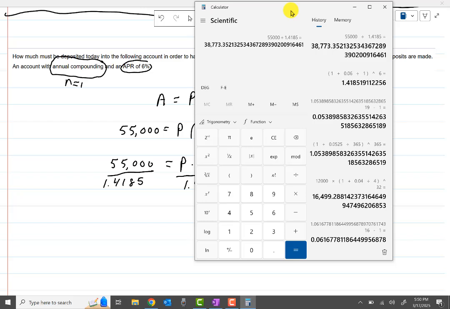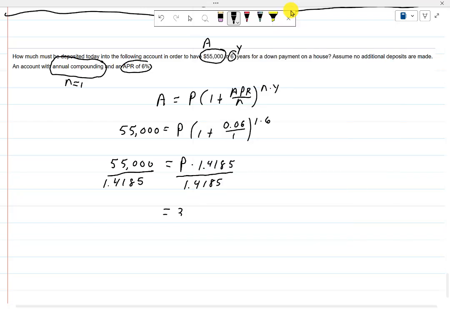Let's see, 38,773.35. So there's how much we would need to have initially deposited in order for it to grow to that much.